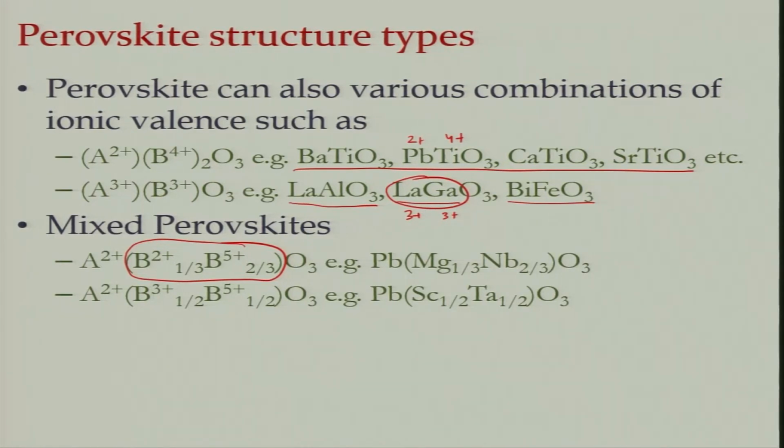And then we can have A 2 plus, B 3 plus and B 5 plus in the stoichiometry of half half, so you can have lead scandium tantalate kind of materials. A variety of these materials have these partial substitutions of sites by different ions. Of course, you will have to maintain the stoichiometry so that it remains charge neutral, but mixed perovskites are there. They have different properties, as we will see later in the ferroelectric materials section.